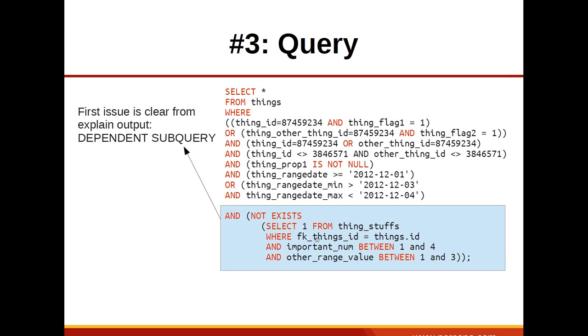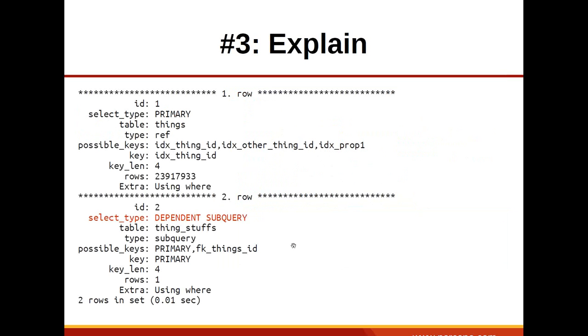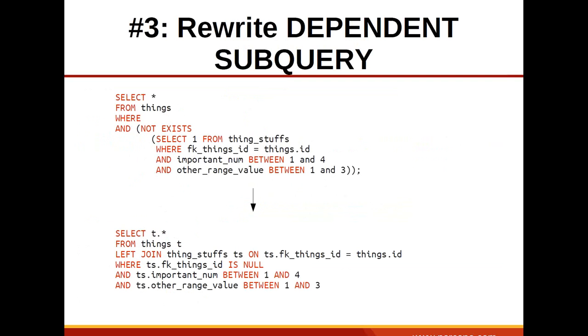We have a lot of conditions, right? And we have a dependent subquery, which means that this will be a full scan on the outer table, which is unfortunately containing 24 million records. So this is the first issue we have. Let's see how we can overcome this.